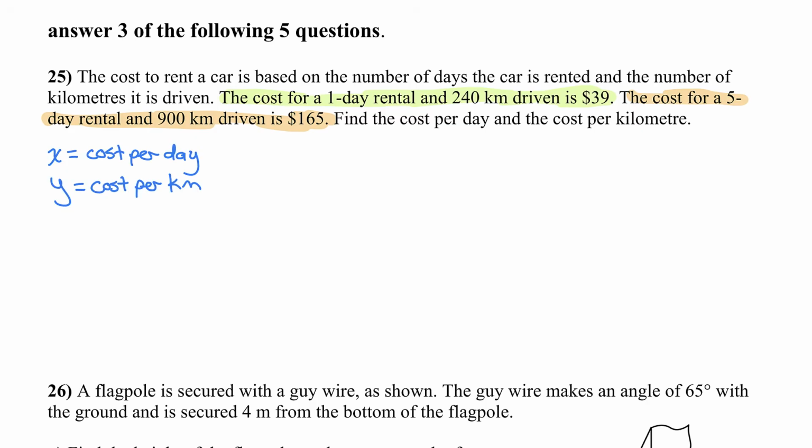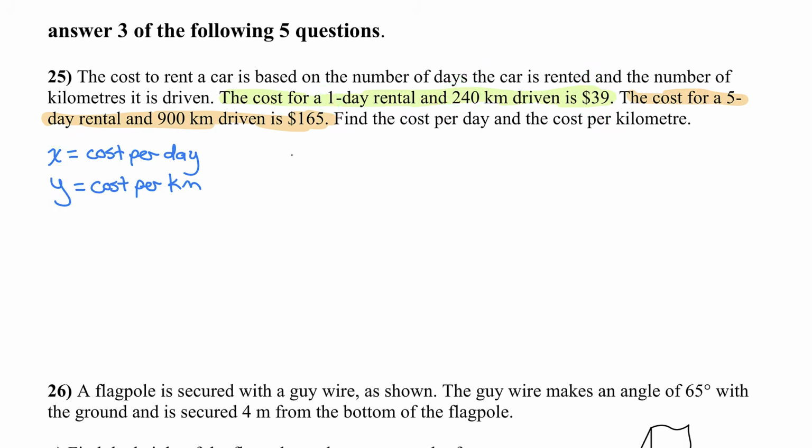In order to solve for 2 variables, we have to make 2 equations. That's why I highlighted one set of information in green and one set in orange. From the green information, we can make an equation. I know that 1 times the cost per day plus 240 times the cost per kilometer should equal $39.